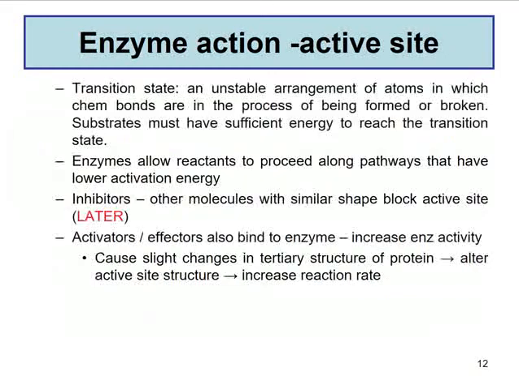But what is this transition state? When you transition, you are in transit to somewhere, okay? The transition state is an unstable arrangement of atoms in which chemical bonds are in the process of being formed or being broken.